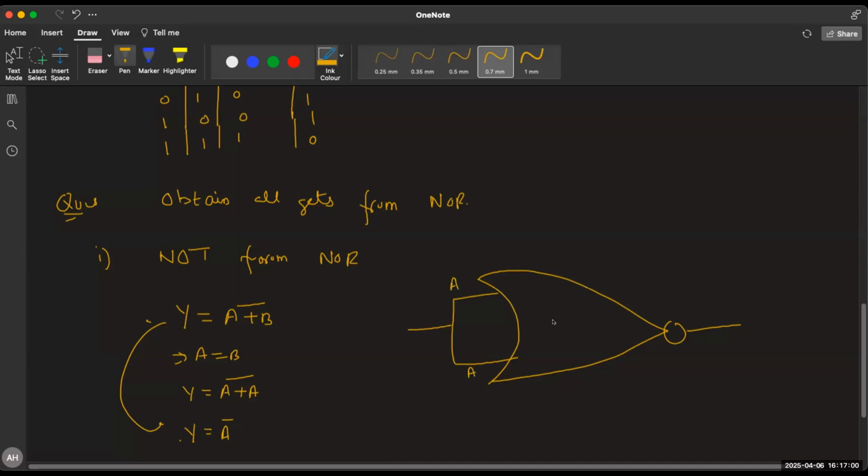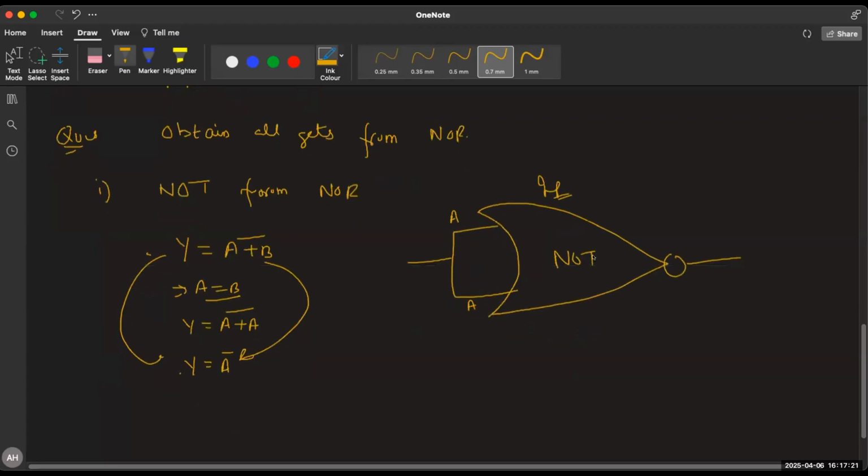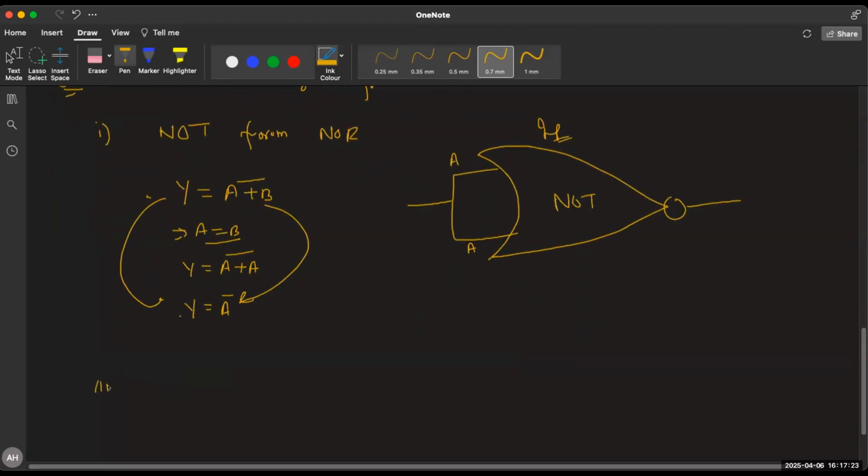Now it's not NOR, it is NOT, because if A is equal to B, then this NOR converts to a NOT gate. That's very important. Anywhere in the question, if you get a NOR gate and you join both the inputs, it becomes NOT. Second, it will ask you to produce AND, NAND, OR from NOR.